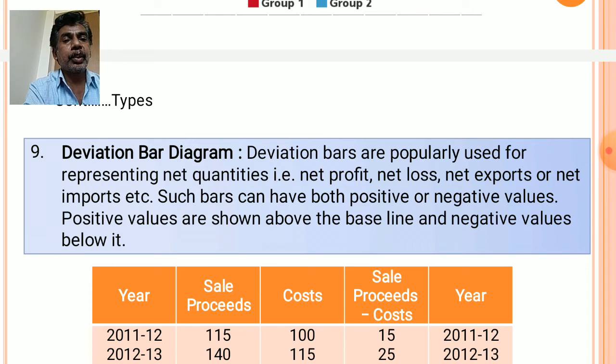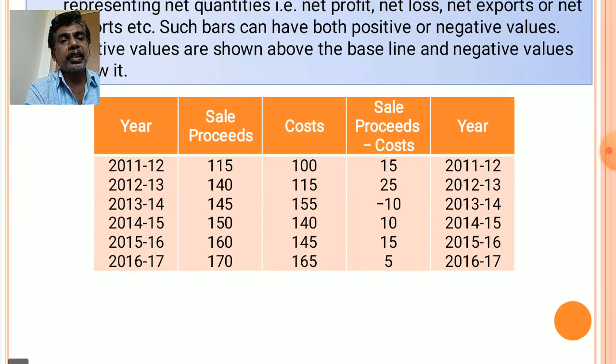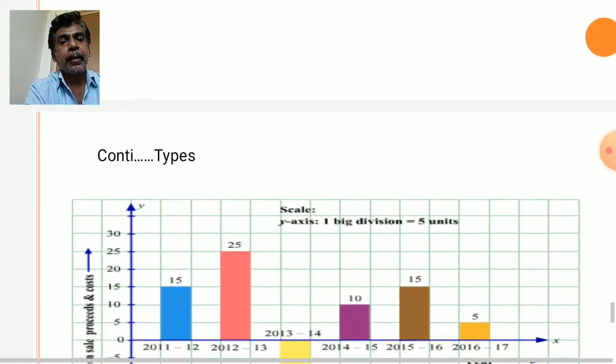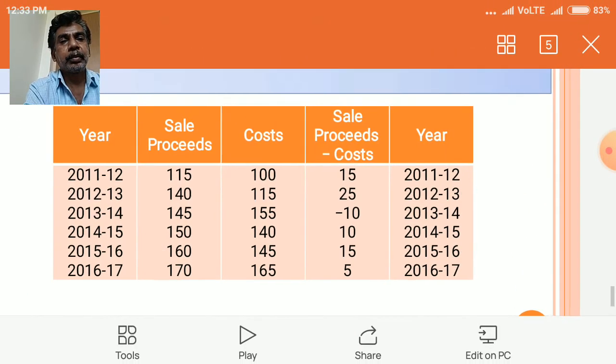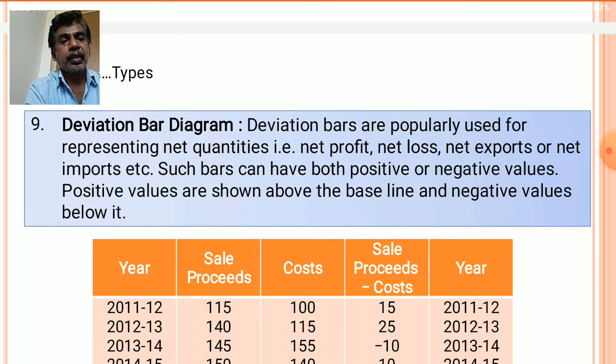Such bars can have both positive or negative values. So positive values are shown above the baseline and negative values are shown below the baseline. So this is an example which is quoted. Net profit, net loss. So sales minus cost is equal to profit. If sales exceed cost, then we will get profit.